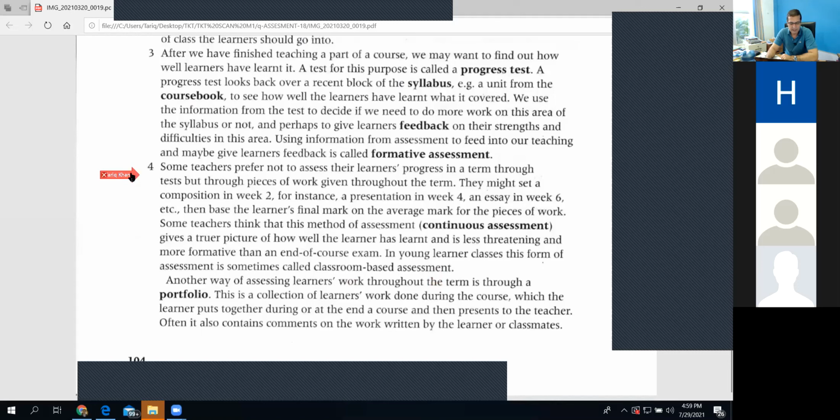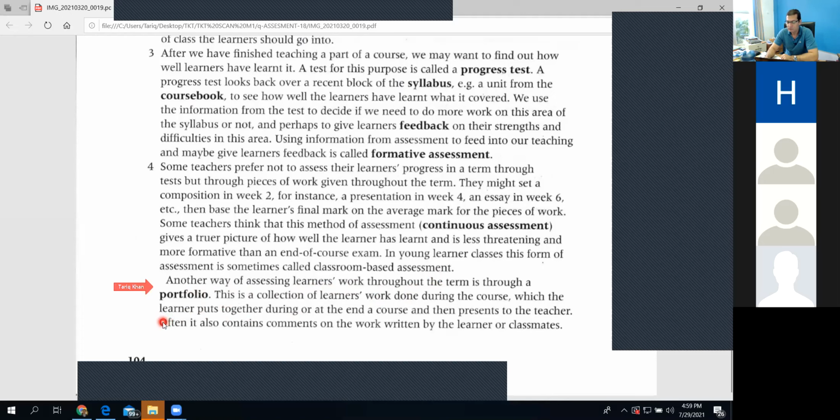There is another way of assessing learners' work throughout. Now we are talking about throughout assessment, continuous. There is another way which is called portfolio. Have you heard about portfolio? Anyone? Sujika? Sachi?